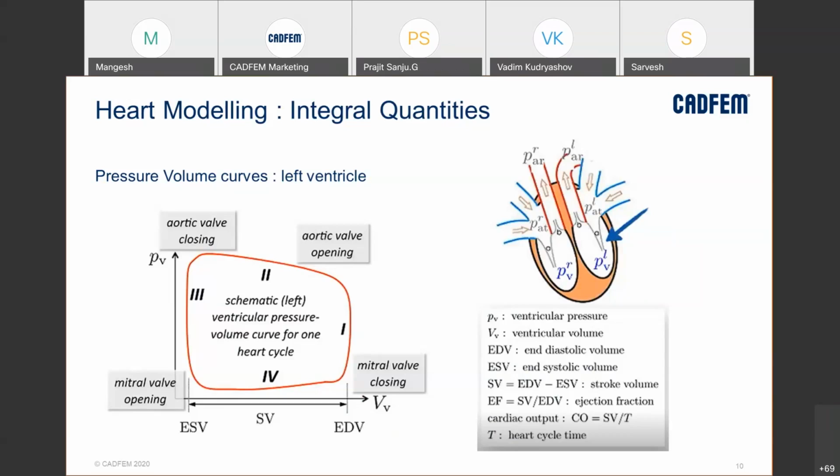So this is again a simple graph of the pressure and volume of this left ventricle.